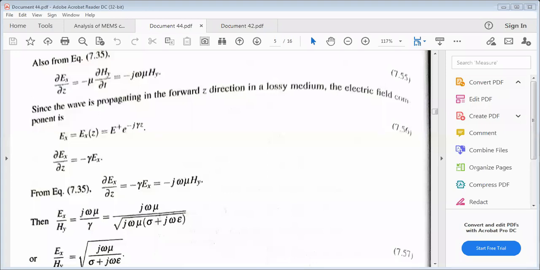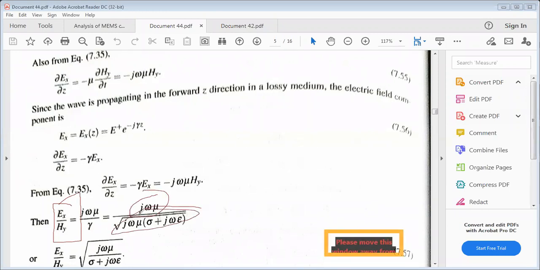All these are relations between E and H. See here, the Ex by Hy relation is substituted directly: Ex by Hy equals j omega mu by gamma. What is meant by gamma? Gamma is the square root of j omega mu into sigma plus j omega epsilon. That is one way of expressing that relation.